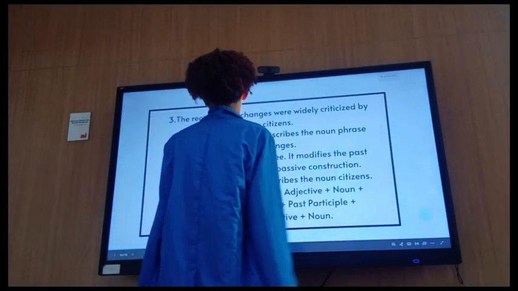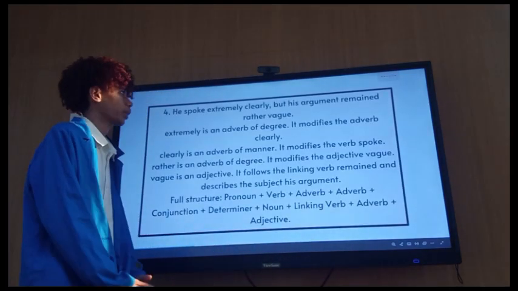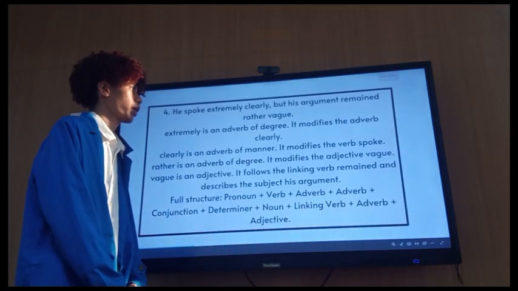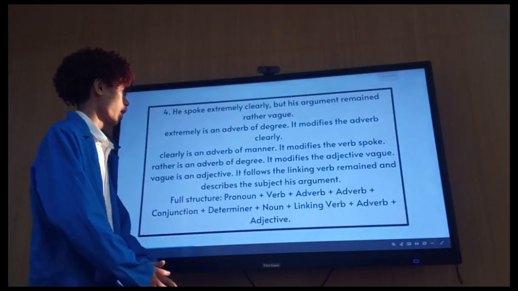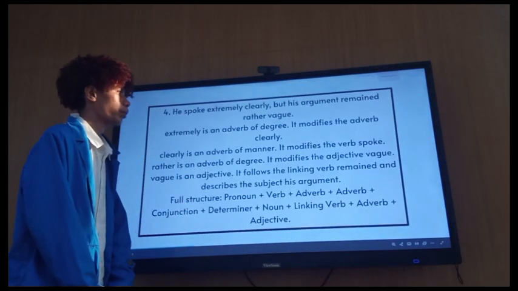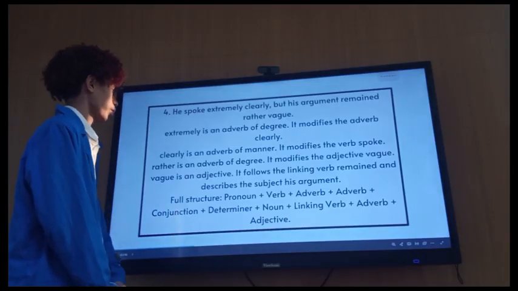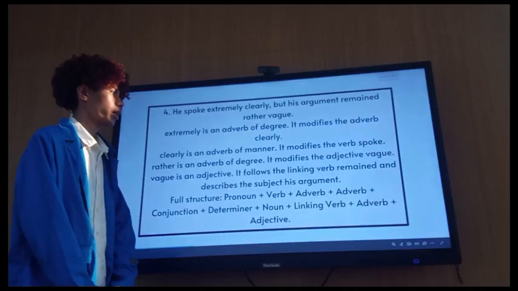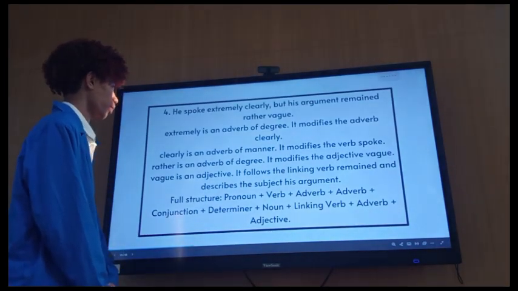Next, example 4. He spoke extremely clearly, but his argument remained rather vague. Extremely is an adverb of degree. It modifies the adverb clearly. Clearly is an adverb of manner. It modifies the verb spoke. Rather is an adverb of degree.